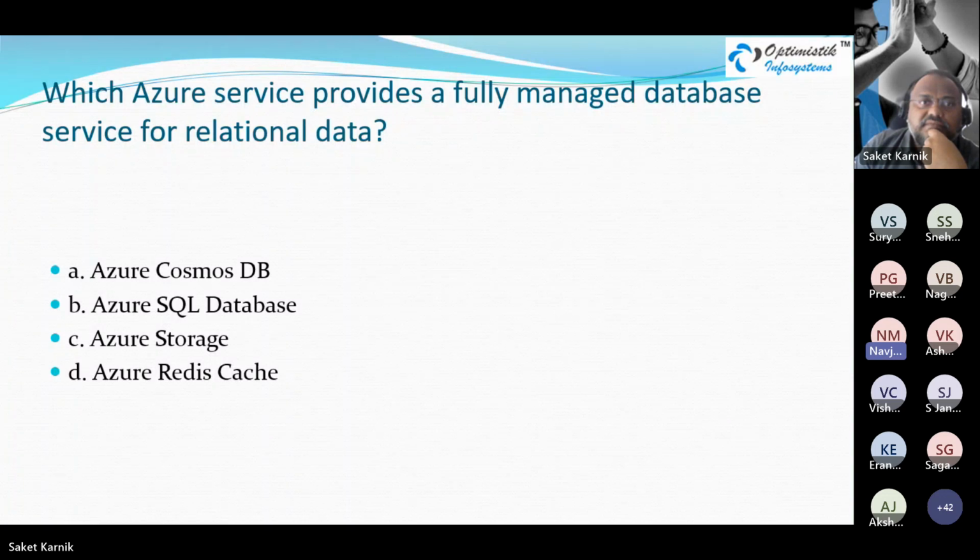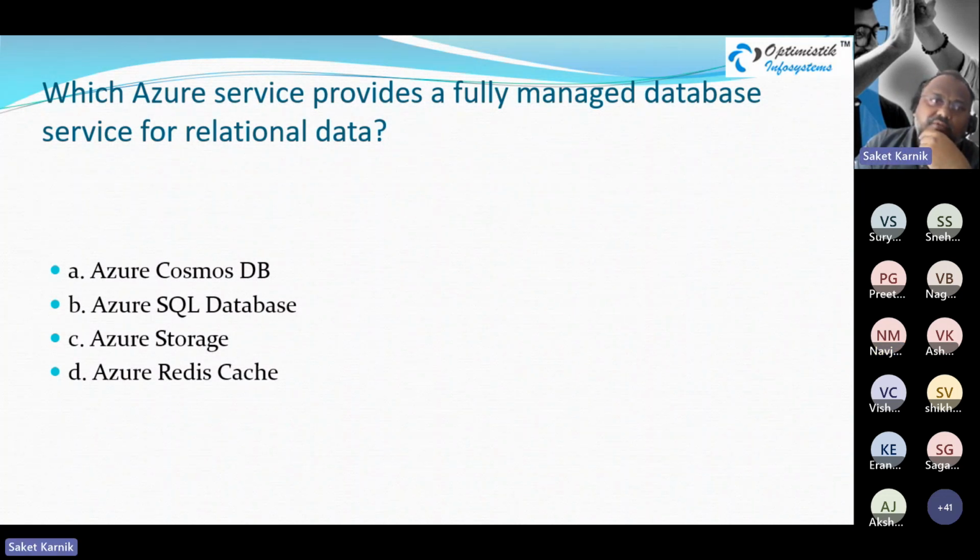Which Azure service provides a fully managed database service for relational data? It's B, I believe. When it comes to relational data, it is always SQL Database, right? Yeah.